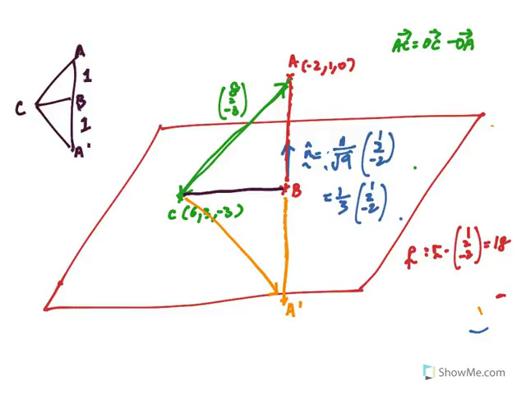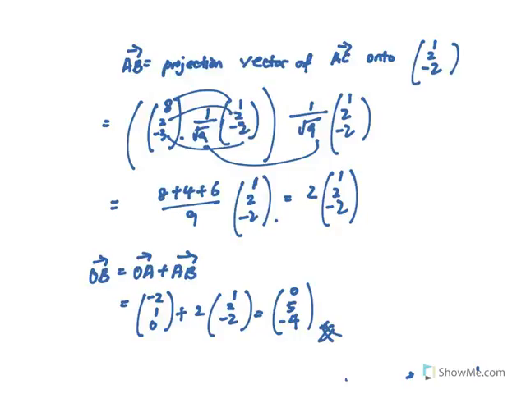So very quickly, this is AC, so CA is just negative 8, 2, 3. Remember, CB is equal to CA plus CA prime over 2. CB is just OB minus OC.